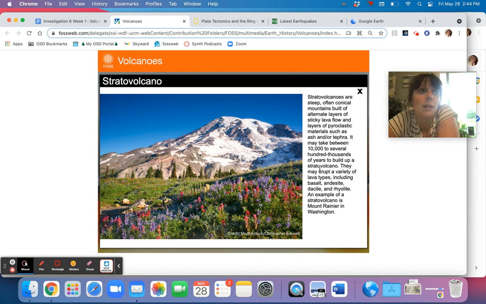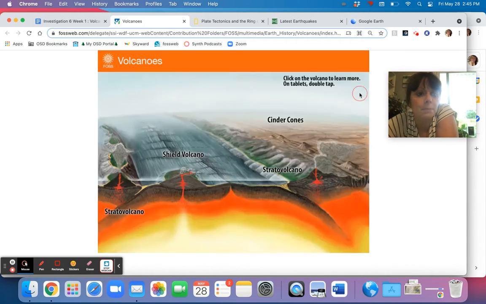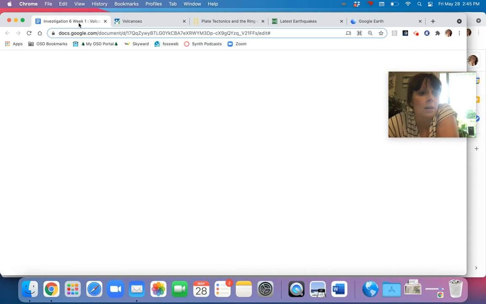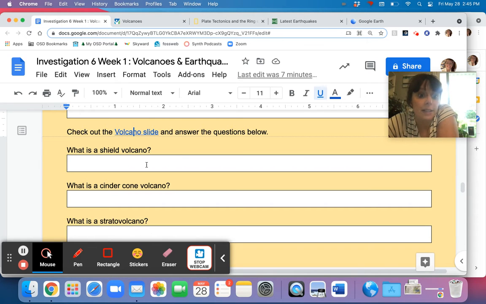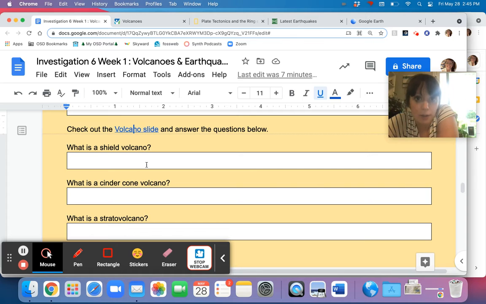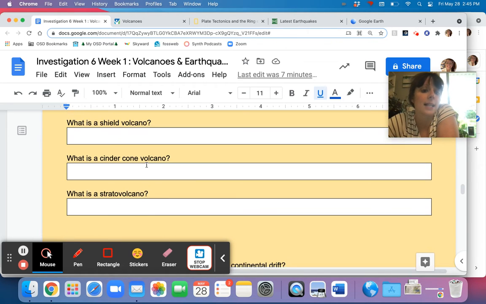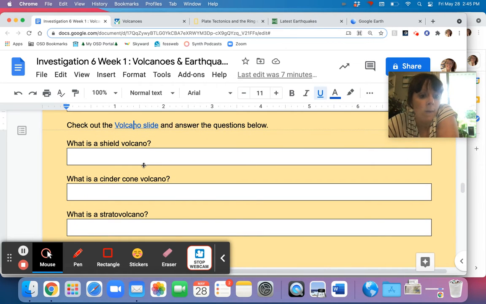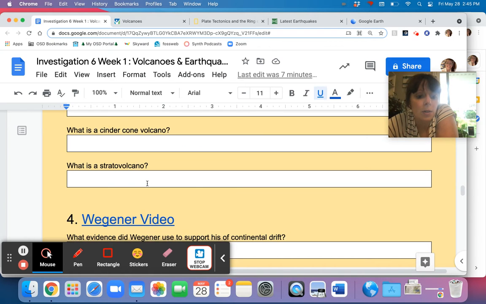It plugs up, and that causes a lot of pressure inside. So when they erupt, they can erupt violently, like Mount Vesuvius, which was the first volcano example from above that destroyed Pompeii. So there have been some very devastating stratovolcano eruptions in history. And then cinder cone was on there too, so you can fill those in.